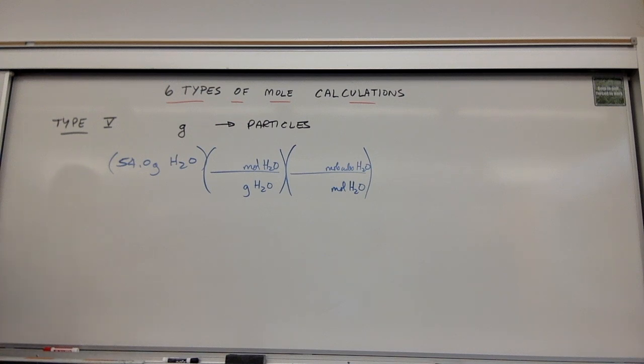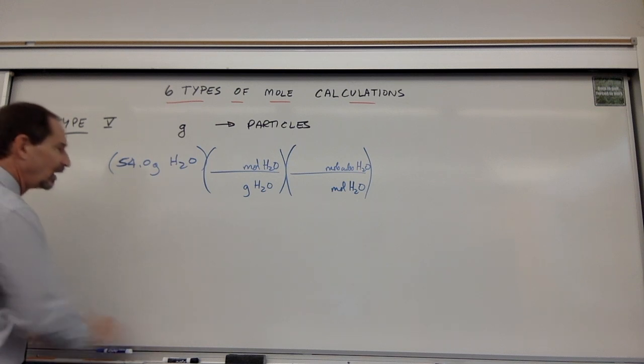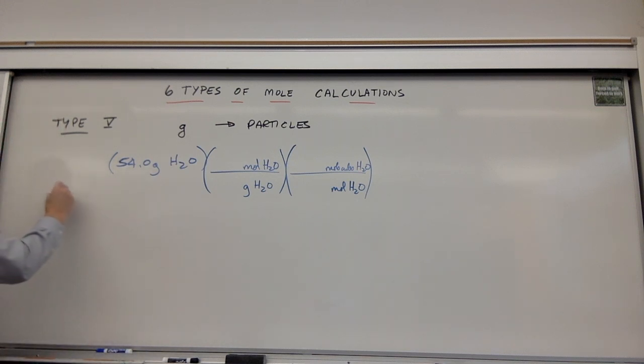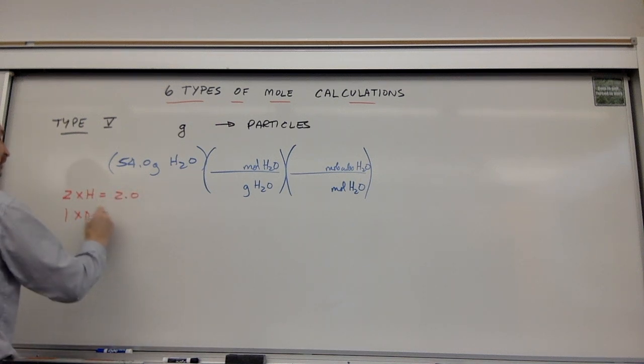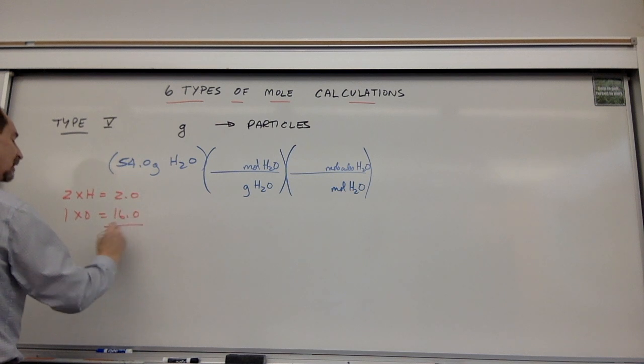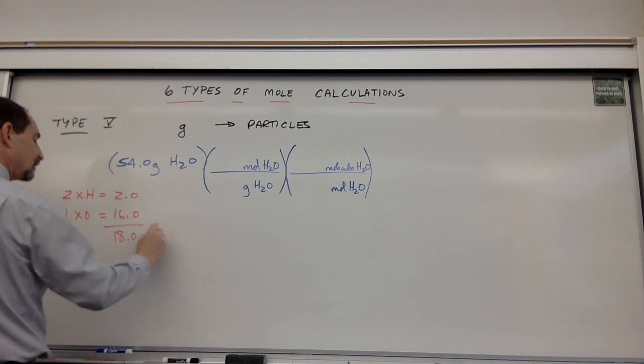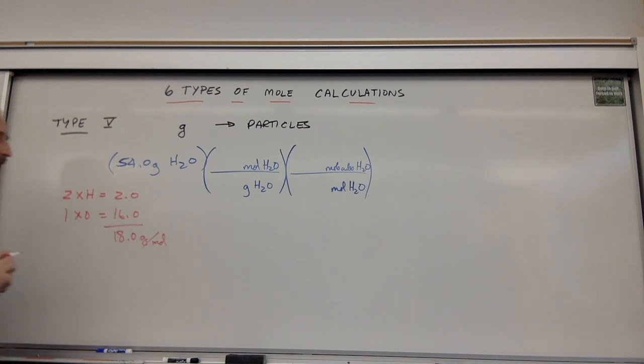I simply need 2 equalities to give me my 2 unitary rates here. Well, I know water. Water has 2 hydrogen atoms, one oxygen atom. That gives me a mass of 2, that gives me a mass of 16, a total mass of 18.0 grams per mole.